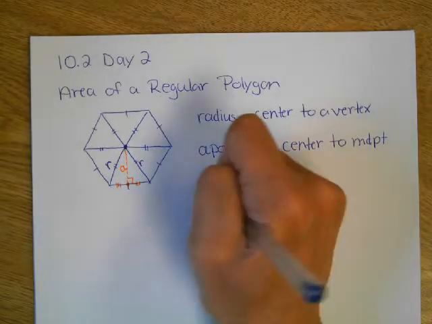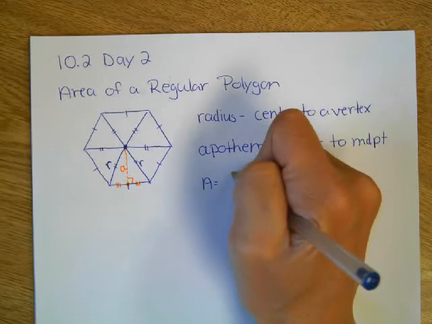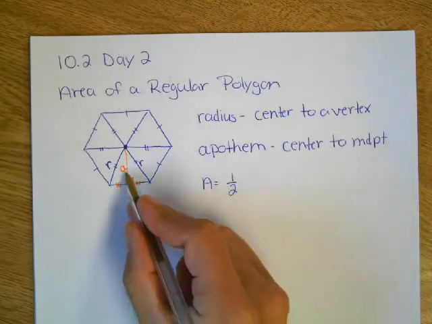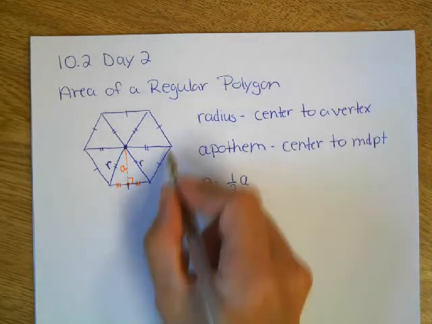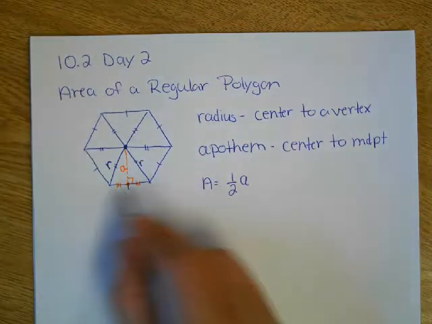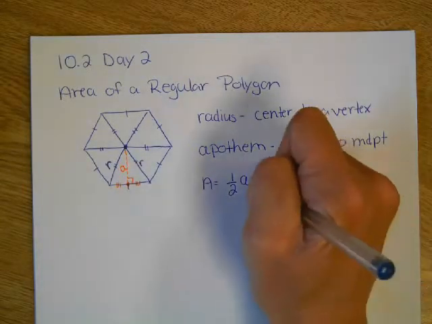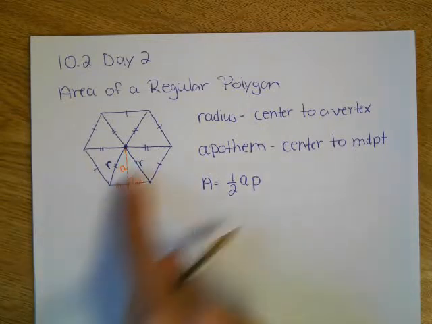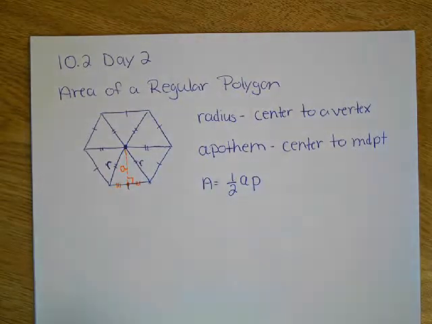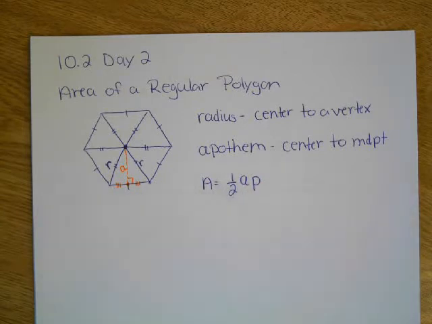Well, a condensed version is to say 1/2 times that apothem multiplied by the perimeter, because that's what's going to give us our side length times however many triangles, is essentially just the perimeter. So we're not going to think of it as a single triangle times how many we have. We'll go with the book formula, which is 1/2 times the apothem times the perimeter.